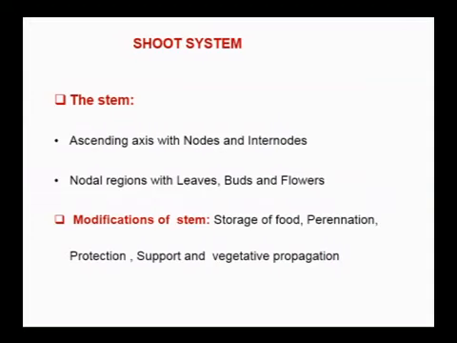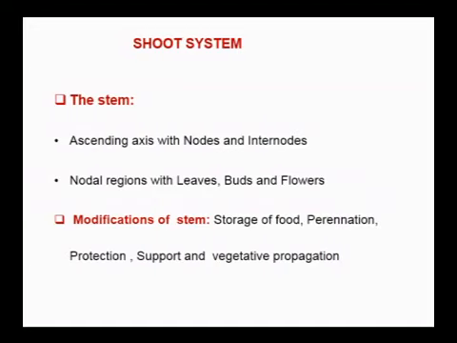For perennation, subaerial stems are the runner of grass, offset of Eichhornia, which is a hydrophyte, stolon of jasmine, and suckers of mint.